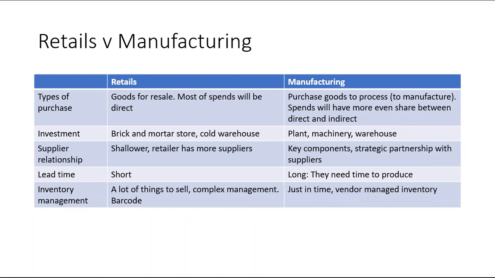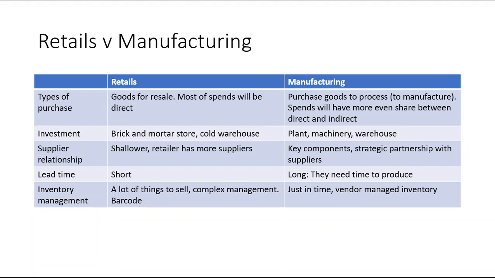So in manufacturing, the supplier relationship tends to be very deep with the supplier, because components and materials may have an extreme impact on the quality of the output. But in retail, the finished product is largely not much different between the suppliers.